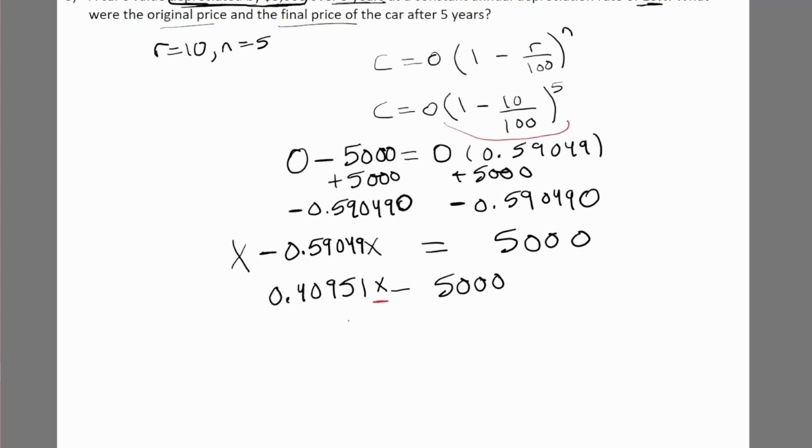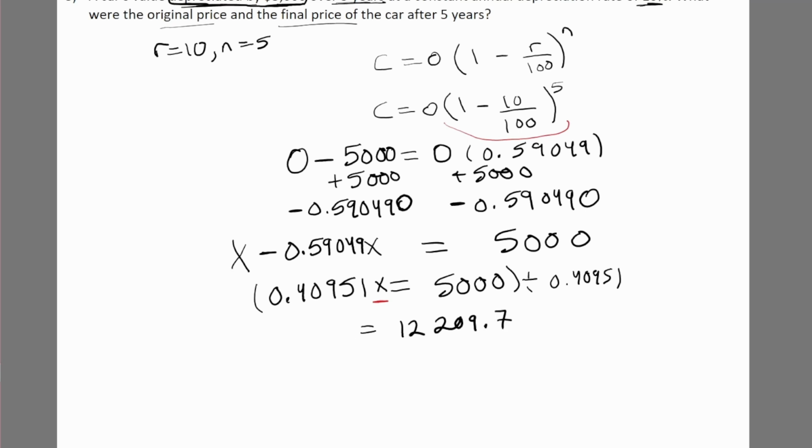So now we're going to find the original amount by dividing through by 0.40951. So 5,000 divided by that, and we get 12,209.7. Okay. So this is the original.